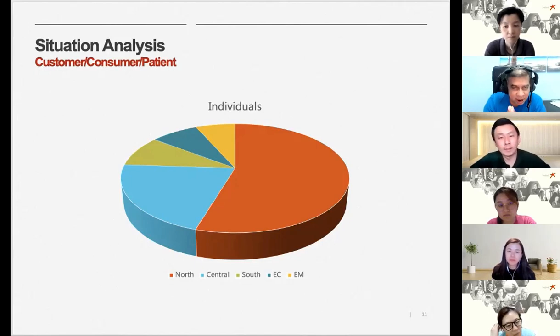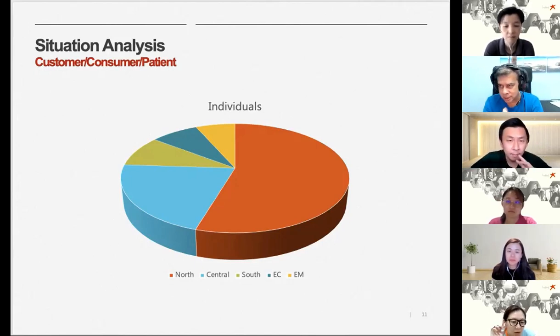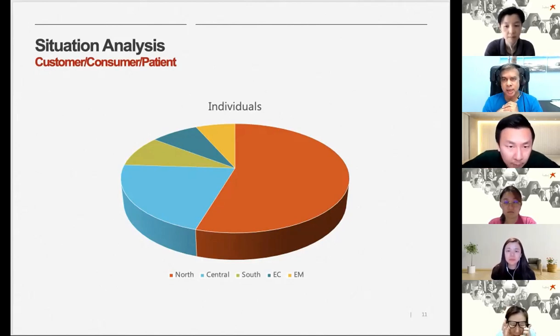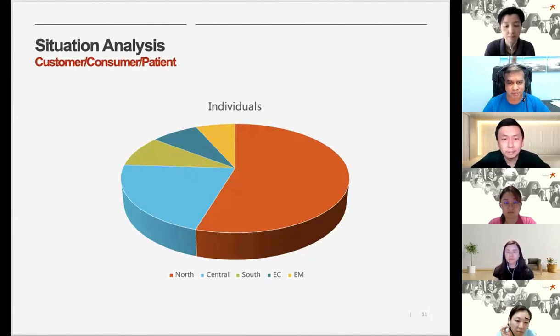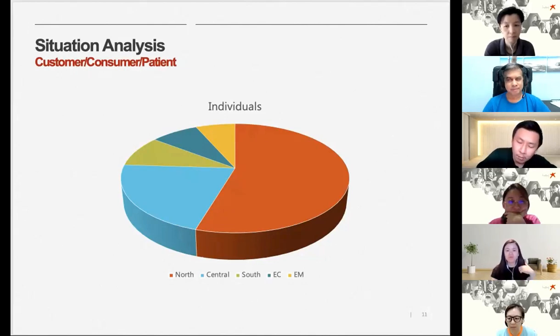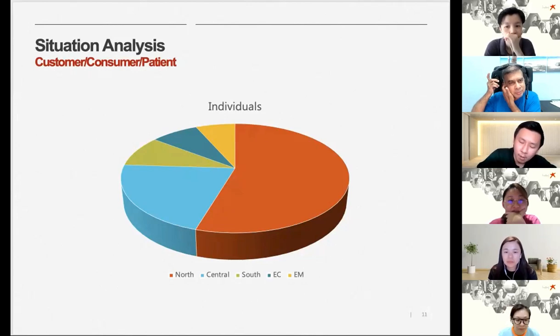So if I have, for example, this pie chart here, it says that, okay, maybe I should not interpret this. I want to ask you, Fiona, how would you make a story of what you see in this pie chart? So from here, the majority of patients are from the northern side, right?